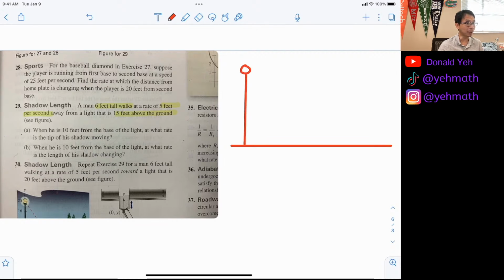I'm going to draw a picture, and that's my lamppost. And don't judge my stick figure because they are kind of funny. Like this, I think. 6 foot man. How tall is the lamppost? 15.